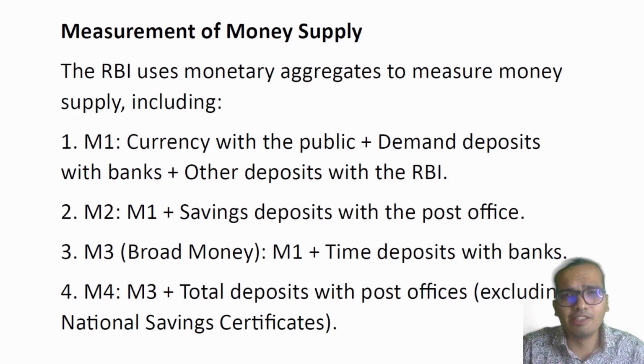Then comes measurement of money supply. So the RBI uses monetary aggregates to measure money supply, including M1, that is currency with the public, plus demand deposits with banks, plus other deposits with the RBI. Then comes M2. M2 is equal to M1, that is earlier, plus savings deposits with the post office.